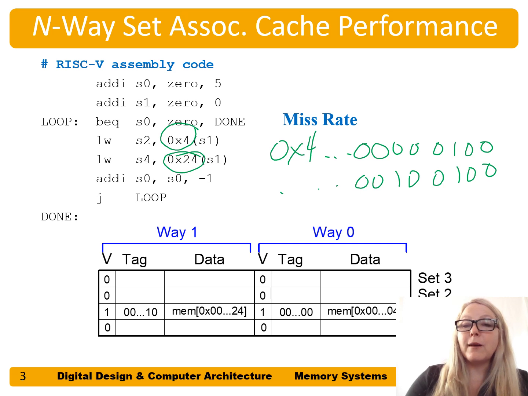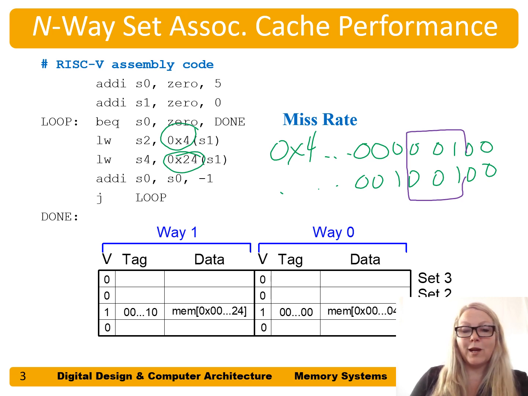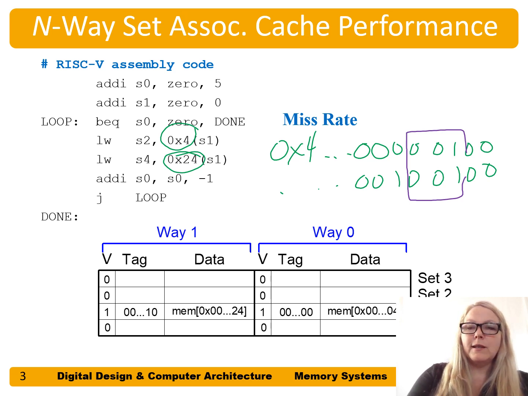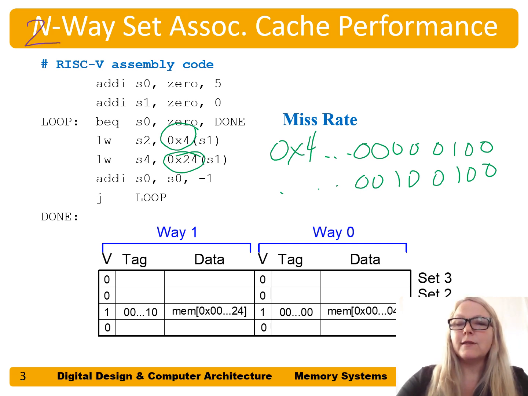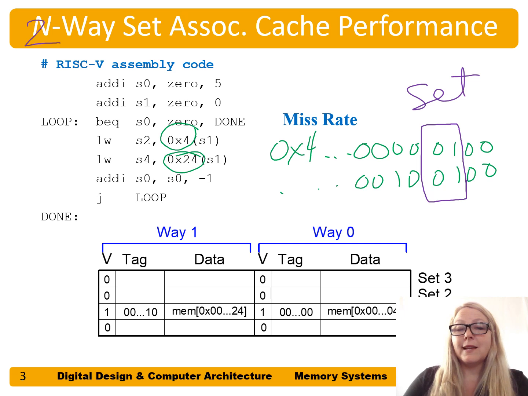In our direct mapped caches, we used these 3 bits, and these mapped to the same set, and it was a problem because there was only one way in that set. But now, if we use our 2-way, this case is a 2-way set associative, but it can be n ways. We could have 4 ways, for example. Again, we're just using 2 bits because we only have 4 sets now for the set bits. These still map to the same set, but it's not a problem.